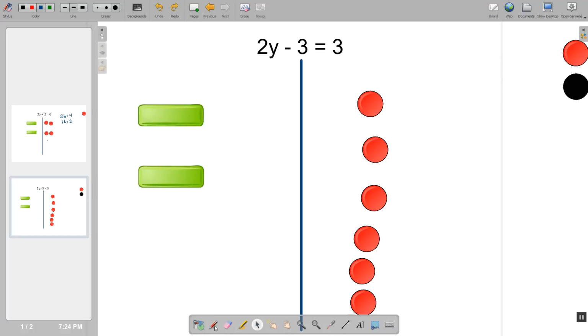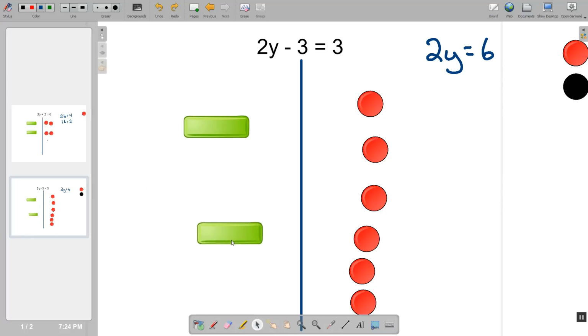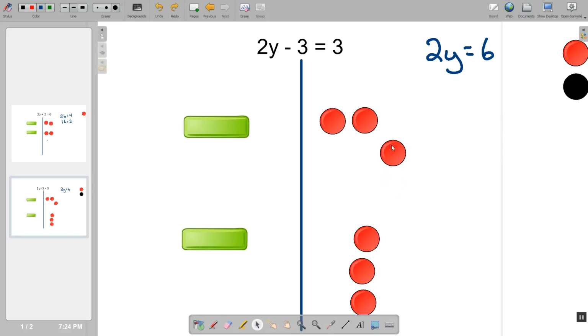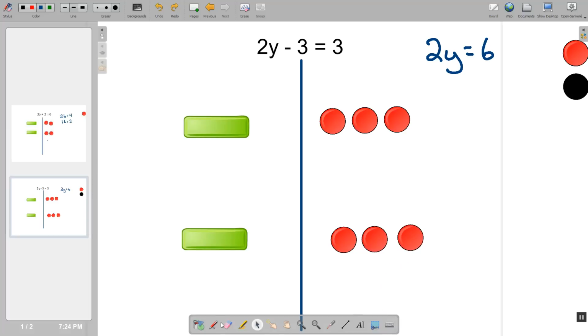So now I have 2y is equal to a positive 6. If 2y is equal to a positive 6, each y has to be equal to the same amount of chips. So once again, I get each y, or 1y, is equal to a positive 3.